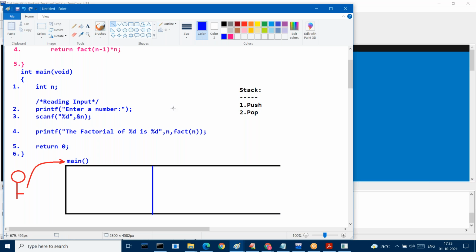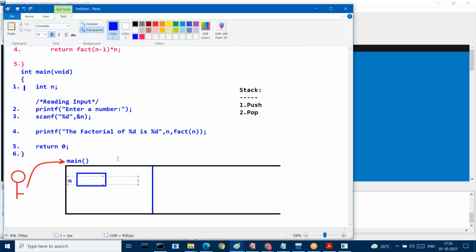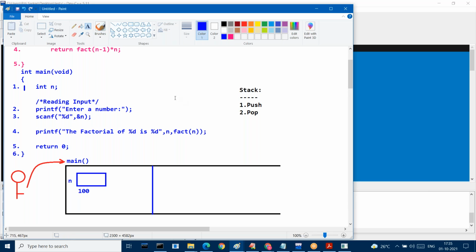Main started execution. Line number 1, sir: variable declaration, int n. Main says okay, for this variable let us allocate some memory, and it has some address. Line number 1 done.